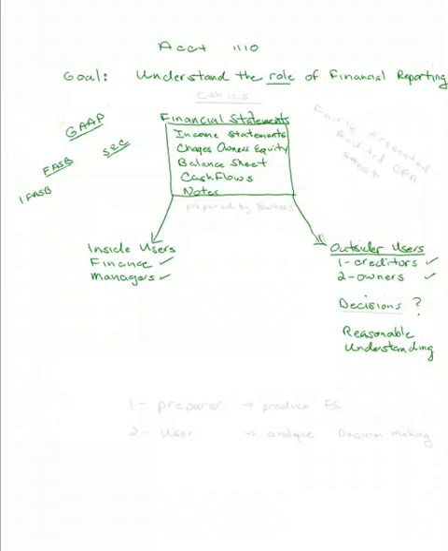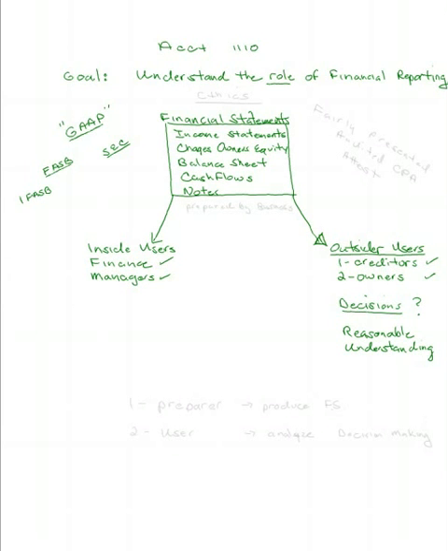So, the rules that these financial statements are prepared under are known as Generally Accepted Accounting Principles. And outside users are aware of these rules, and if they are reasonably knowledgeable about generally accepted accounting principles, then they can use these financial statements to answer the investment decisions. Do they want to invest in this, lend this money, perhaps become an owner?